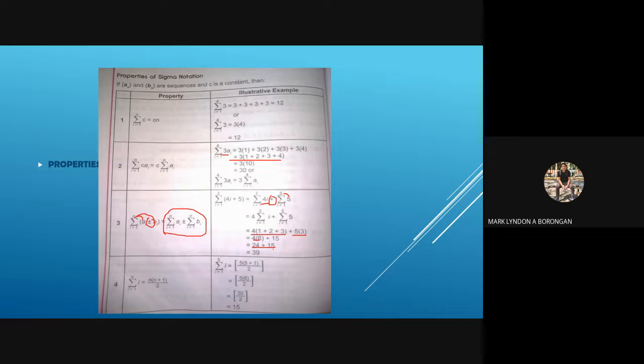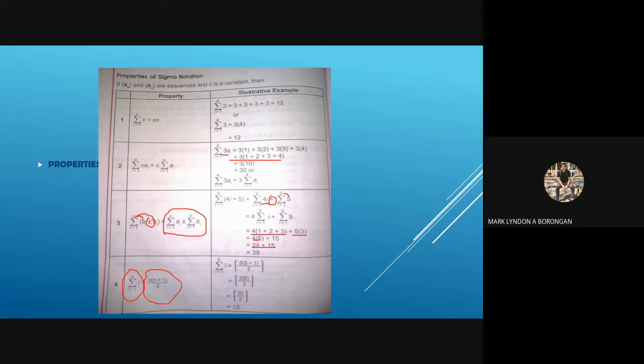You have there the summation of i from 1 up to n. If this is given, you can use this formula. An example for this one: the summation of i from 1 up to 5.